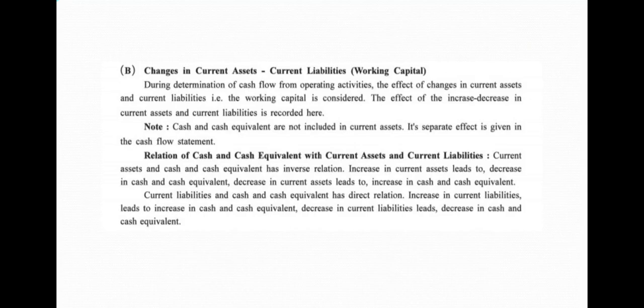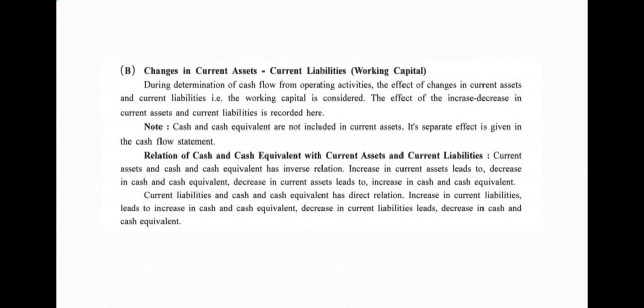Cash and cash equivalents are not included in current assets. Its separate effect is given in cash flow statement. Relation of cash and cash equivalent with the current assets and current liabilities.